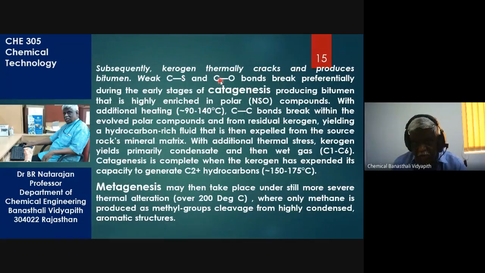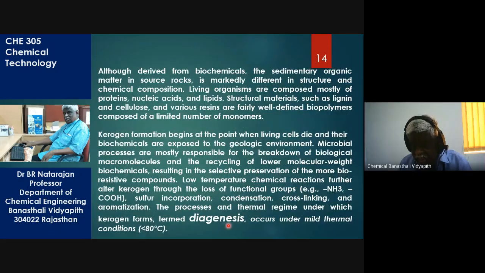Then subsequently we come to catagenesis. Catagenesis is where some bond breaking is happening. Carbon sulfur bonds and carbon oxygen bonds break preferentially during the early stages of catagenesis. Remember, diagenesis is happening to kerogen. Kerogen is our starting point. When the living cells die, what is remaining is known as kerogen.